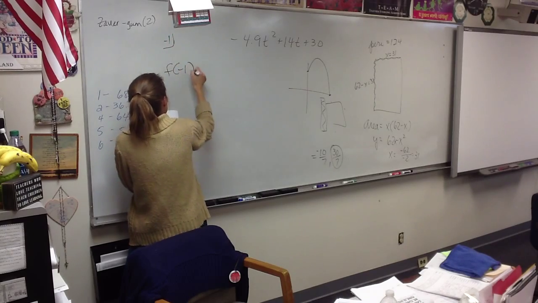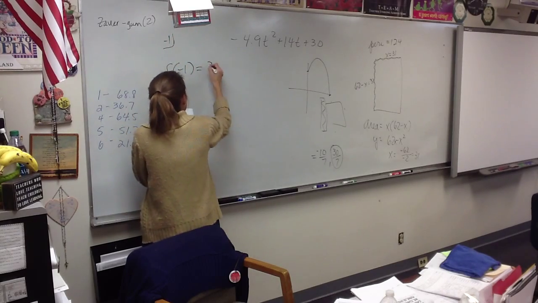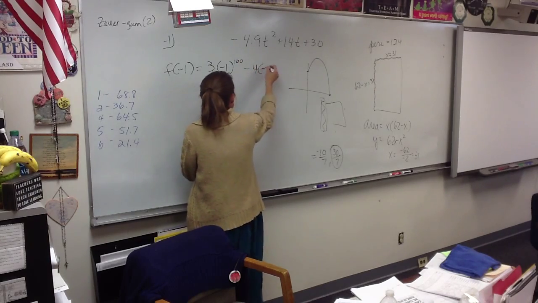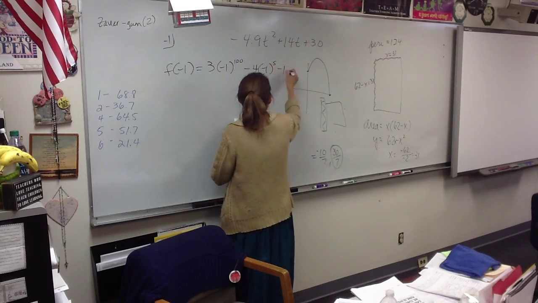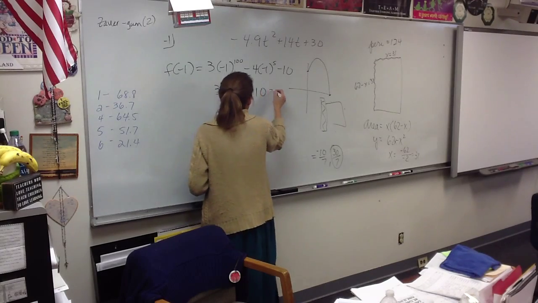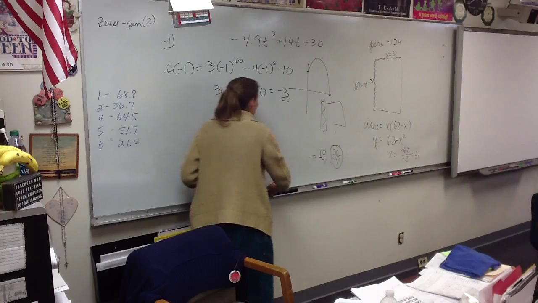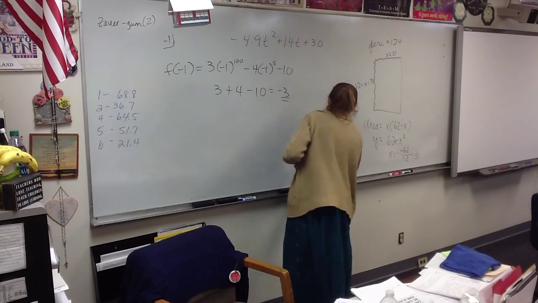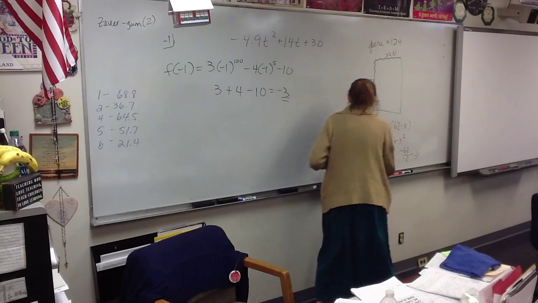So that's the number I plug in as though I'm just evaluating a function. So it's 3 plus 4 minus 10, -3. So your remainder is -3, if I did all my arithmetic correctly.